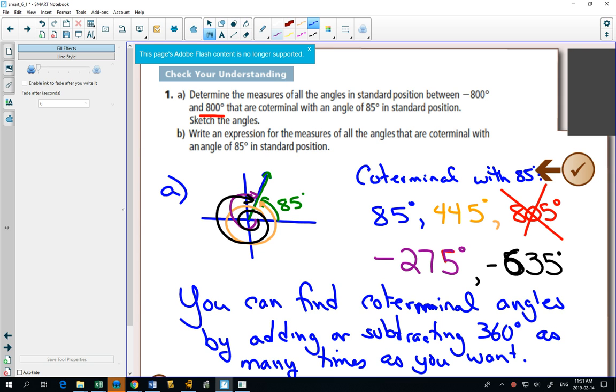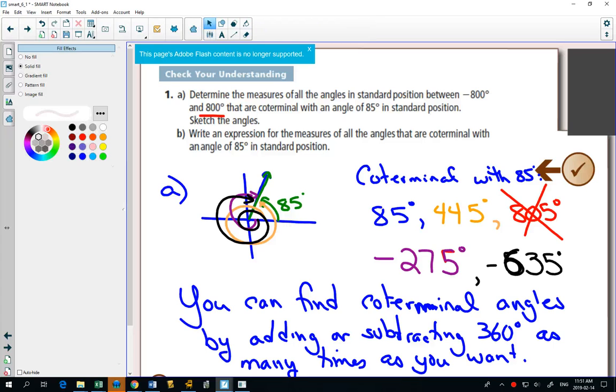Add it once, add it twice. So we could keep going, just find another one, add 360 again, find another one, add 360 again. Okay?